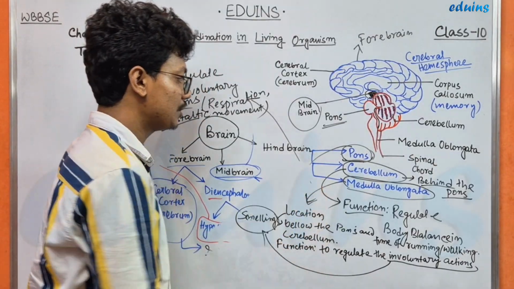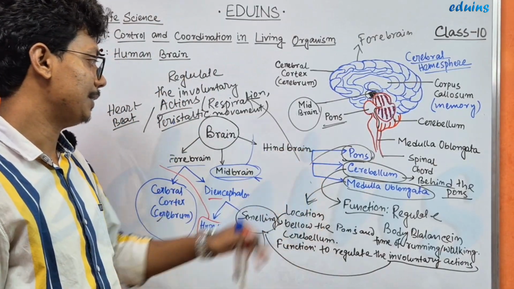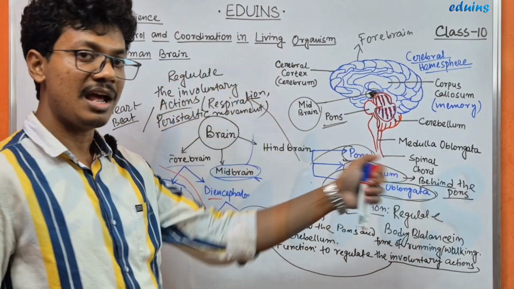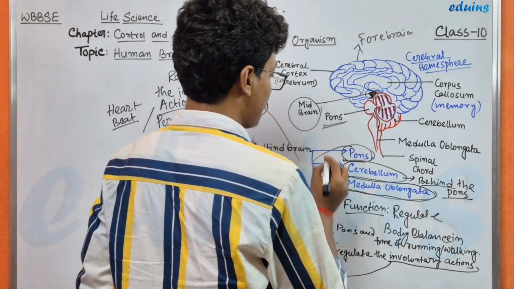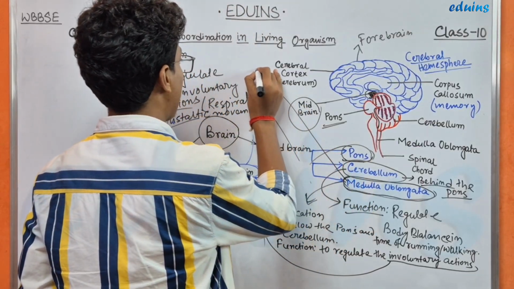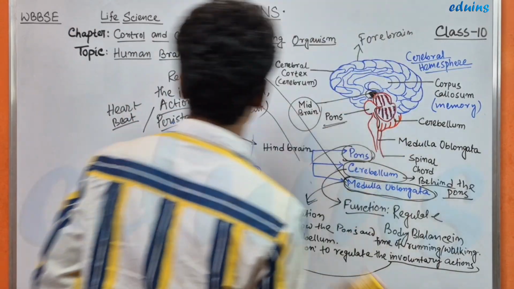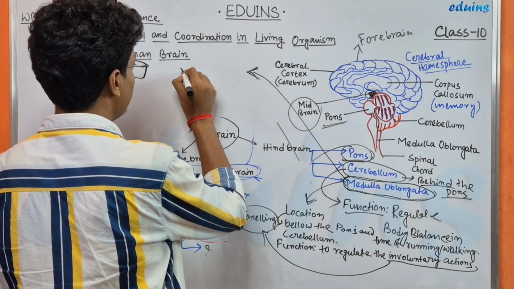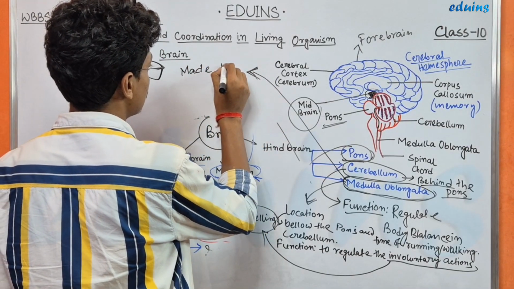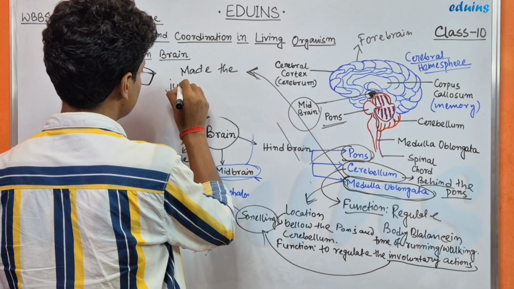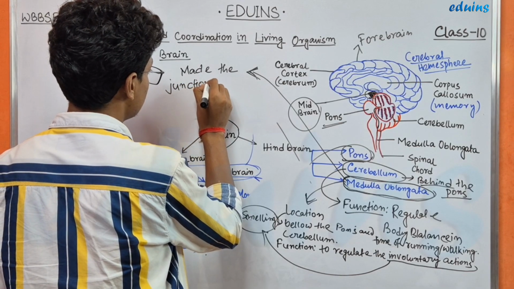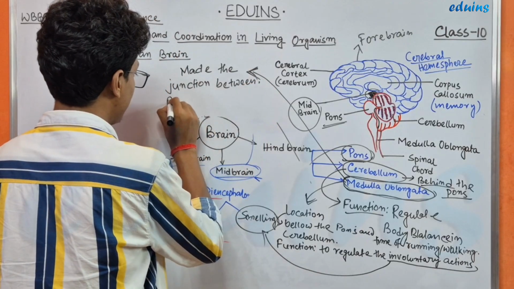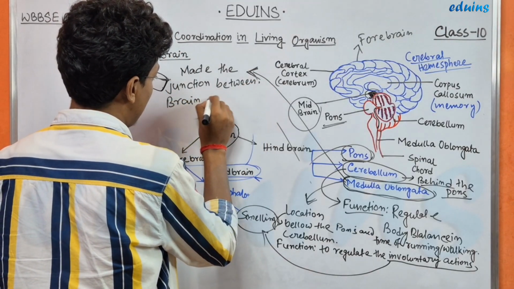So this is the function of hindbrain, and this medulla oblongata is also a junction point between the brain and spinal cord.